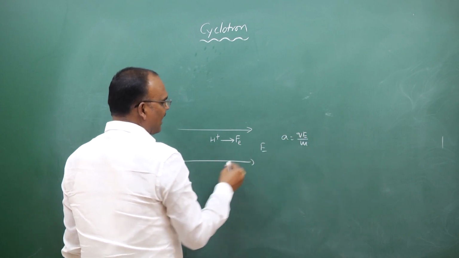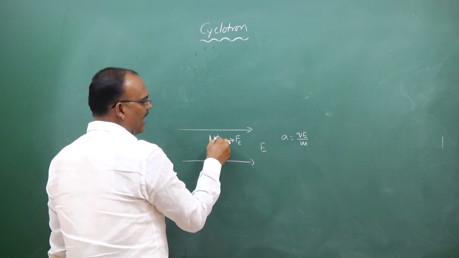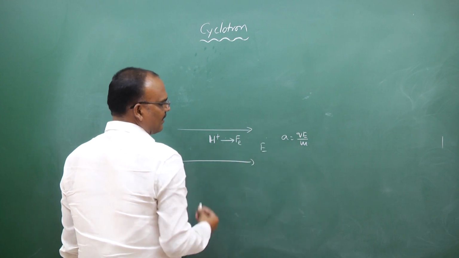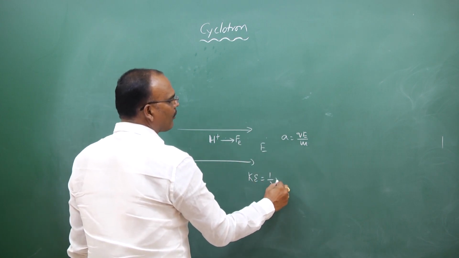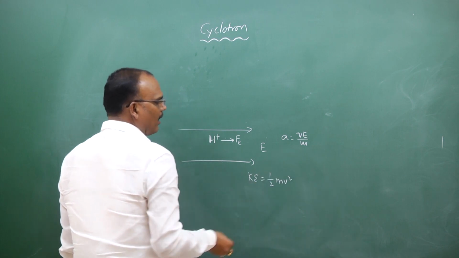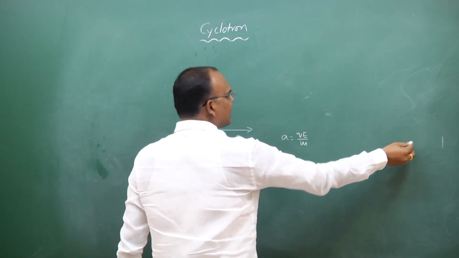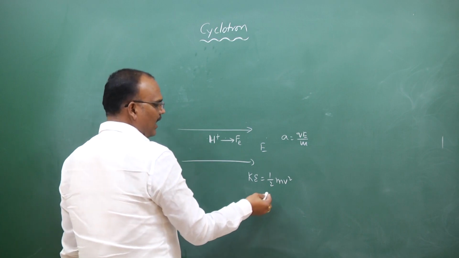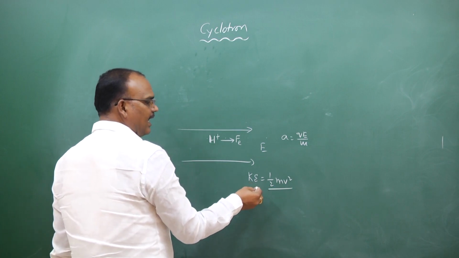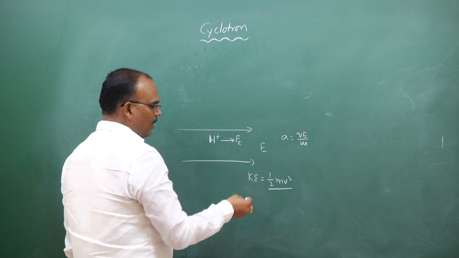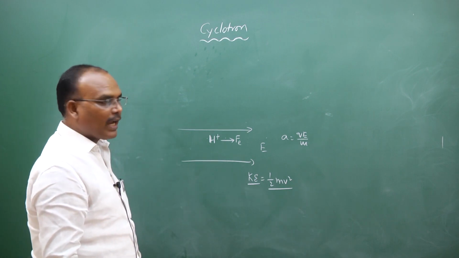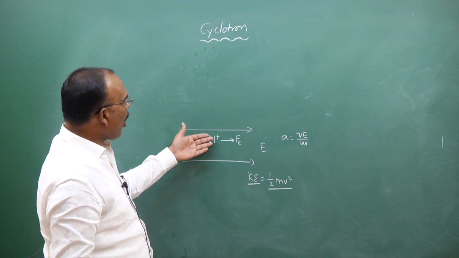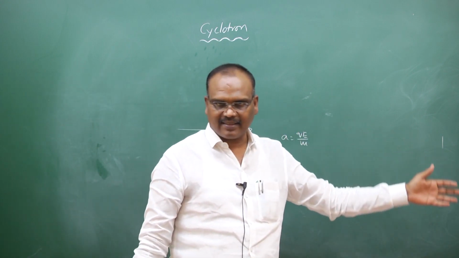When there is an acceleration, the speed of this ion keeps increasing, so the kinetic energy, half m v square, increases. After traveling large distances, its kinetic energy increases a lot. The required kinetic energy can be achieved by moving this ion over large distances.